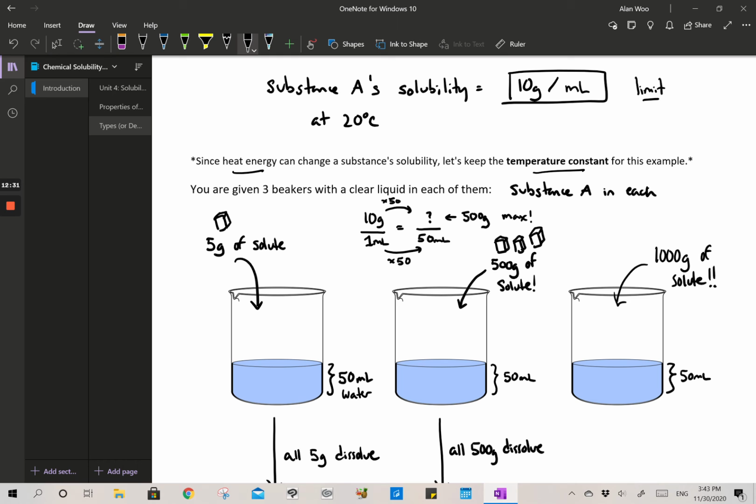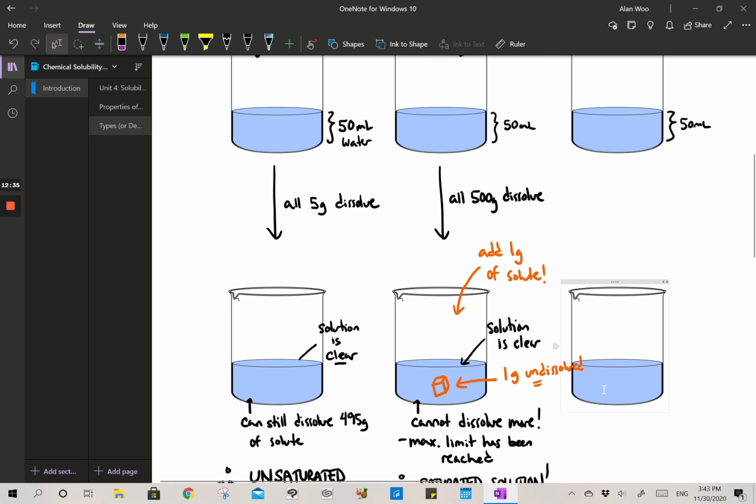So when we put in 1,000 grams, we know that's way too much. But here's the thing. At first, only 500 grams will dissolve.